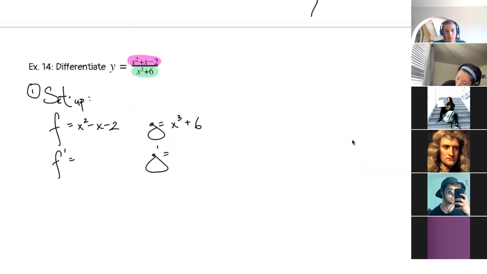To think about what might be the giveaway, how do we know, if I were to try and split this fraction here, I would end up with something like this: x squared over x cubed plus 6, plus x over x cubed plus 6, minus 2 over x cubed plus 6.